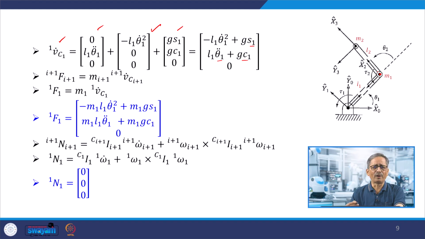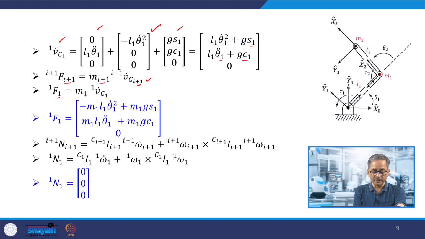Now, when we have found out the acceleration, let us find out the inertia forces and inertial moments. For that this is the expression we have already seen, the iterative equation, that is force acting on the i plus 1th link is equal to mass of that one times the acceleration of the CG of that link. So, put i is equal to 0 here.